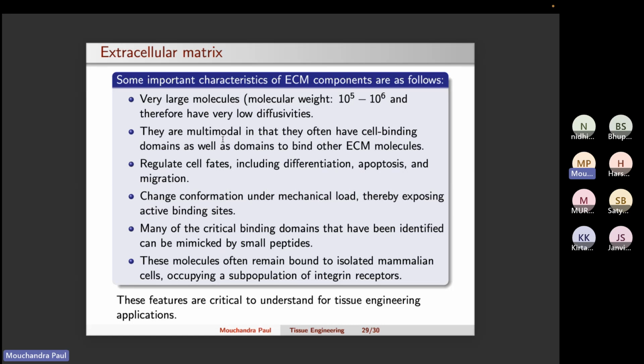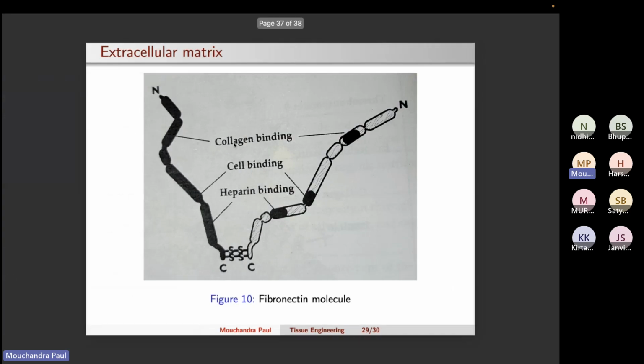And these components are multimodal. Here is the figure of a fibronectin molecule. In this molecule, you can see that there is a special collagen binding site, a special cell binding site, then a heparin binding site. So there are multiple binding sites within the same molecule.